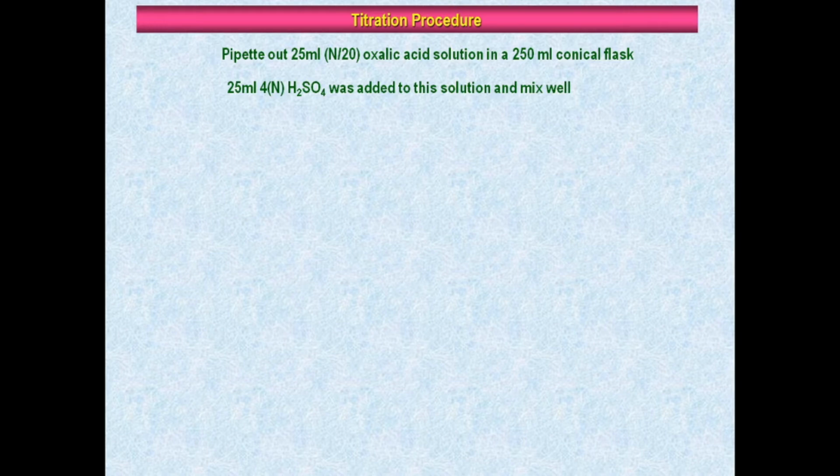So we add 25 ml 4 normal sulfuric acid using a measuring cylinder and shake the mixture well.